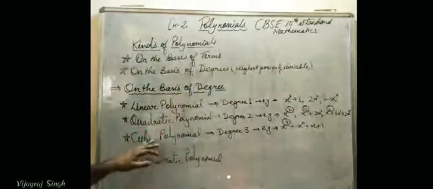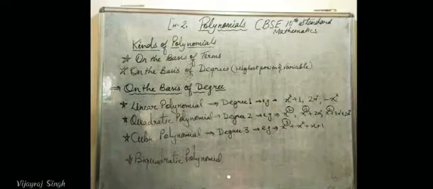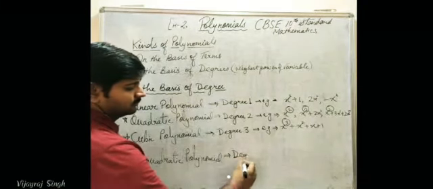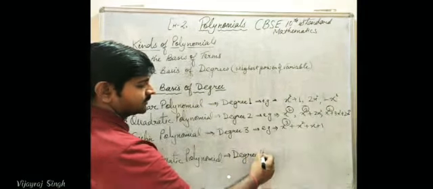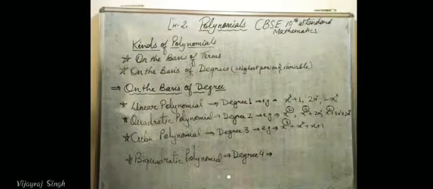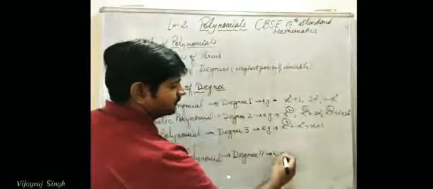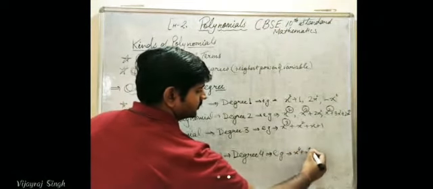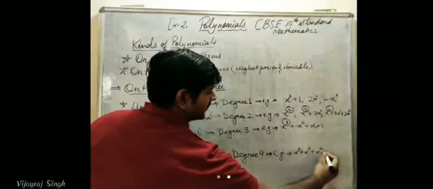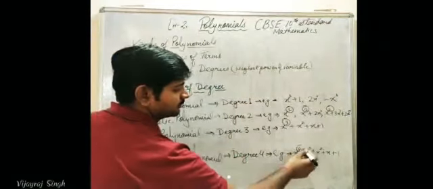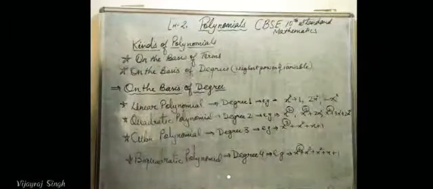So this is an example of a cubic polynomial. Next, biquadratic. Its degree is 4. For example, x to the 4, x cube, x square, single x and plus 1. So the highest power is 4. That's why its name is biquadratic.